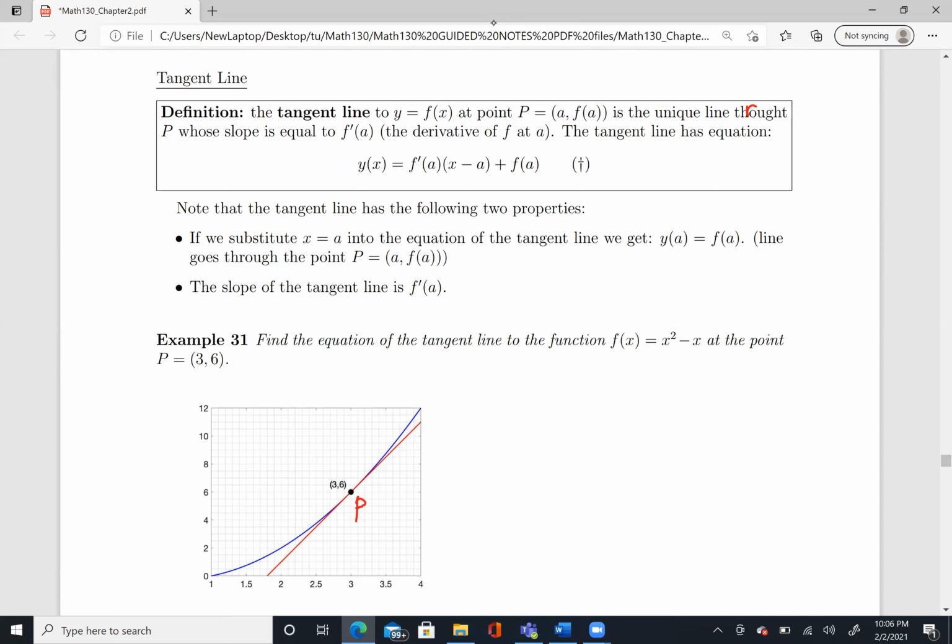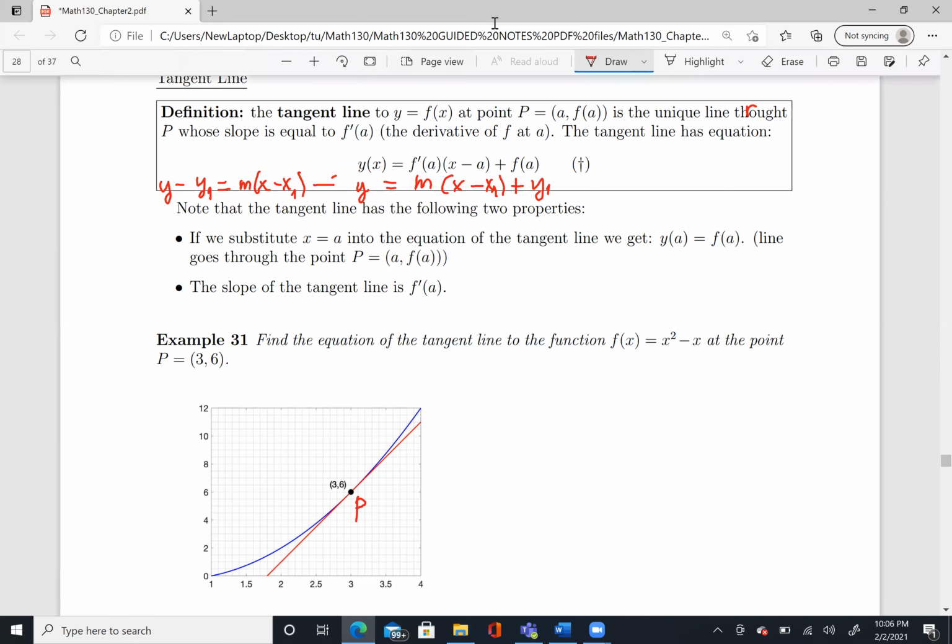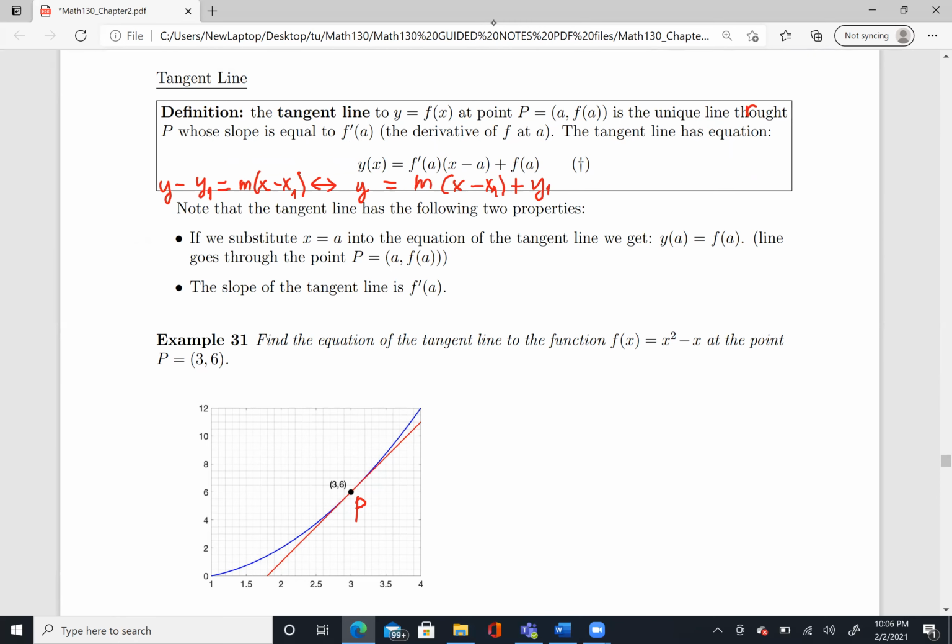This is actually using the point-slope form. You know the point-slope form as y minus y1 equal to m times x minus x1. From that I can derive it to the next one over here, right?